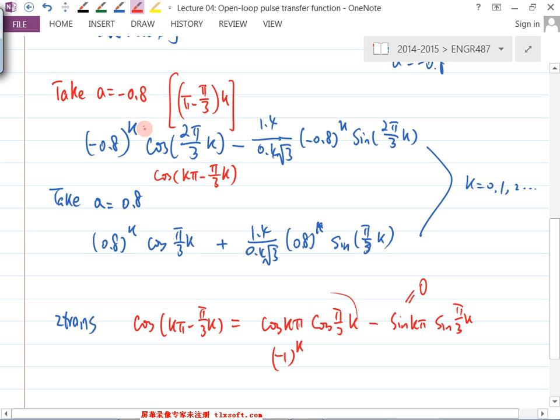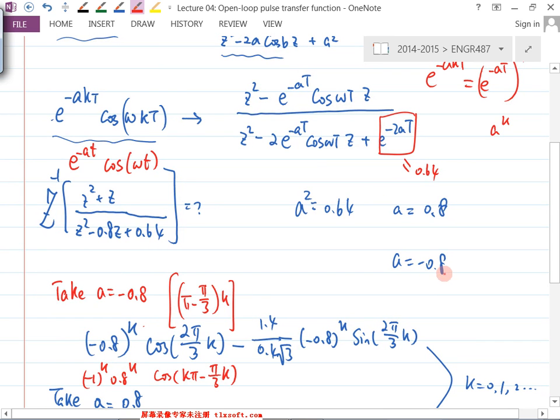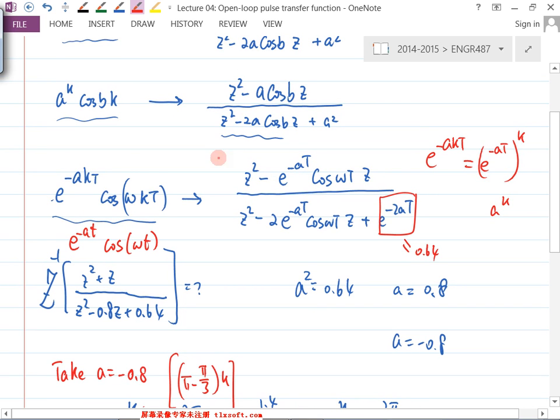And this is negative 0.8 to the power of k, which is negative 1 to the power of k times 0.8 to the power of k. So negative 1 to the power of k times another negative 1 to the power of k is actually 1. So you are able to prove that these two are actually the same thing. Technically, you could take A as the negative value, but to simplify the situation, you can always just take the A value as 0.8, the positive one. Does that make sense?